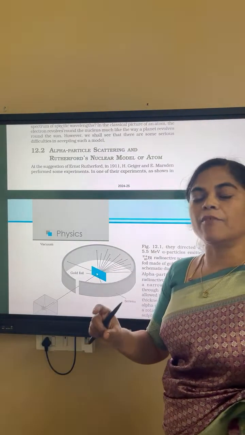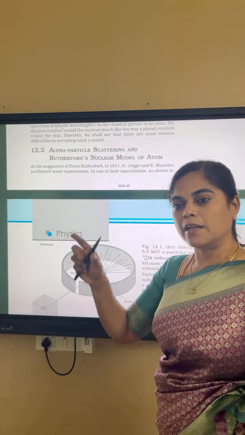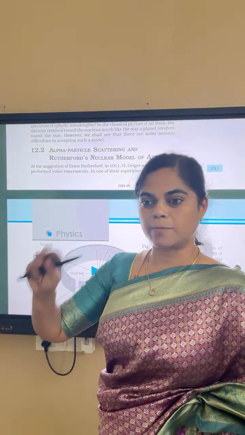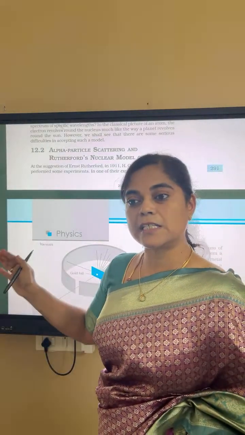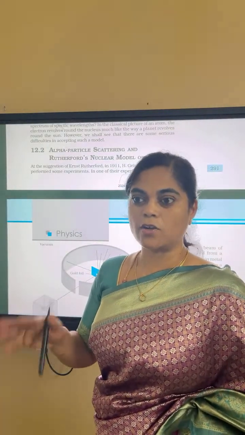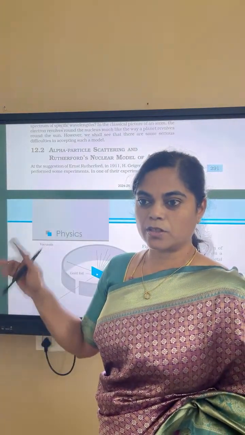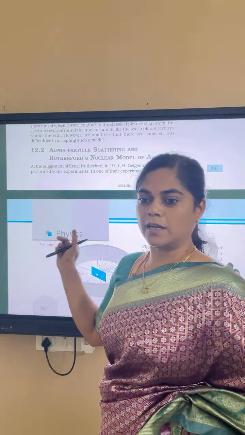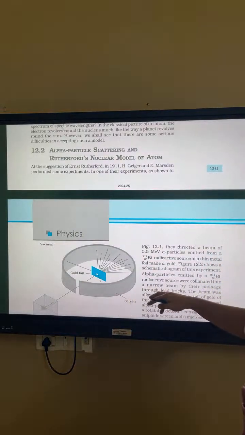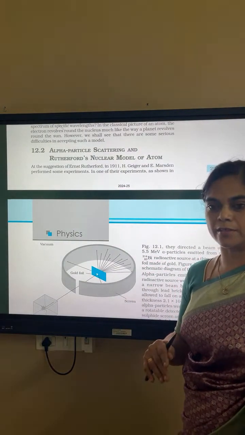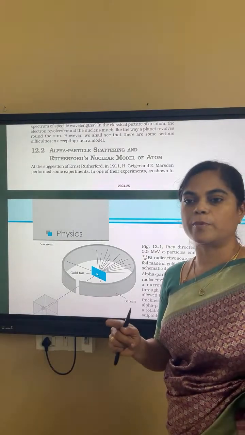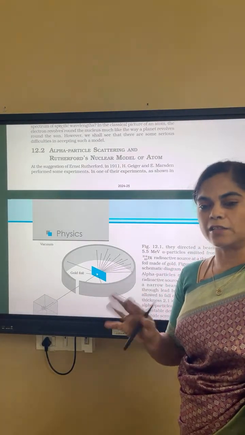In JEE mains, you will have extra syllabus like experimental physics, right? In experimental physics, they have included all the experiments discussed in the NCERT syllabus itself, not from the deleted portion. So these experiments and discoveries are included in that. Yesterday we saw photoelectric emission, that is also included in that. Photoelectric emission is also performed by an experiment, that is included in that.